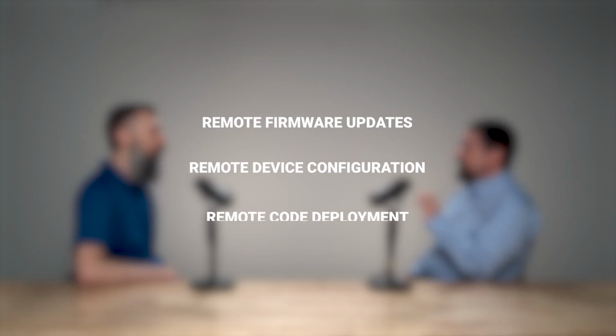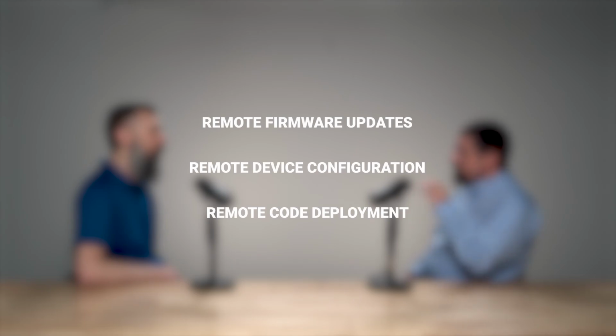Even more importantly, you can deploy any and all code from XiO Cloud to the devices immediately or on a scheduled basis. All of the above without physically being in the space. This eliminates the need to send a highly trained technician on site to configure the system.